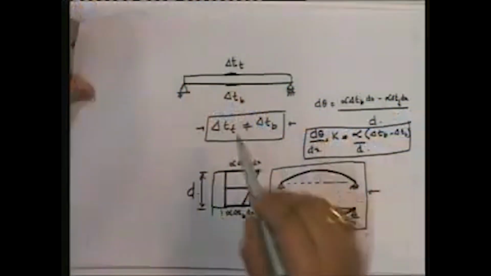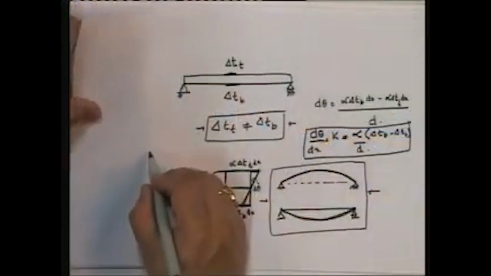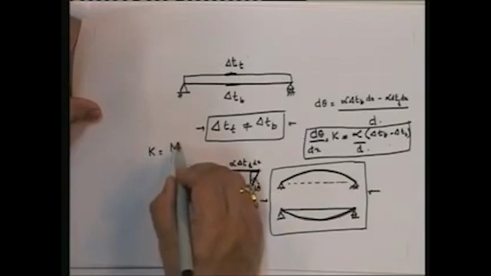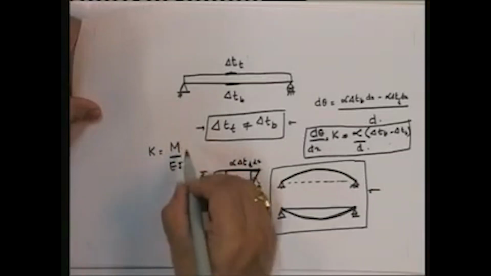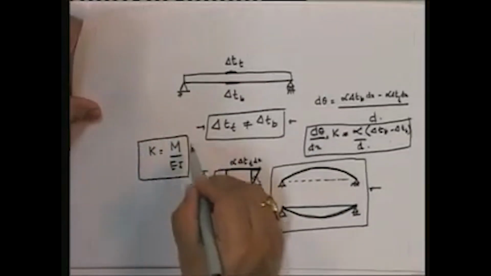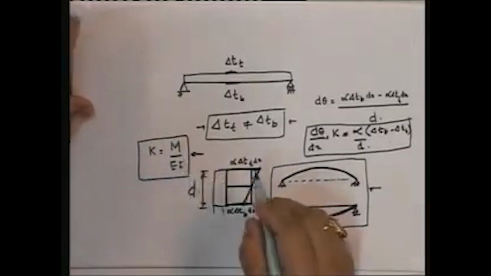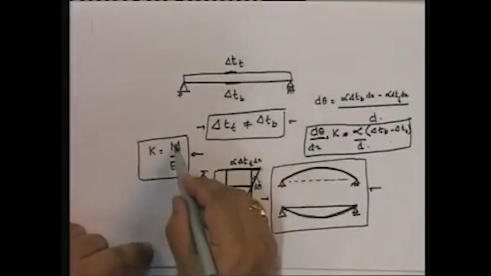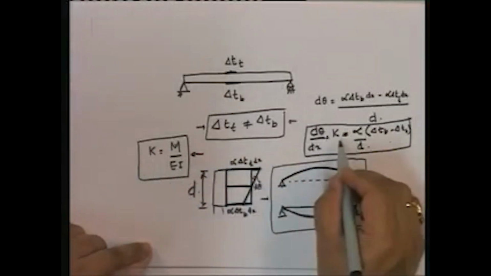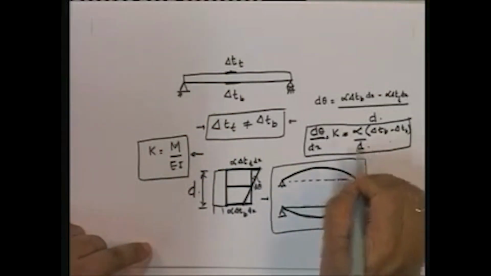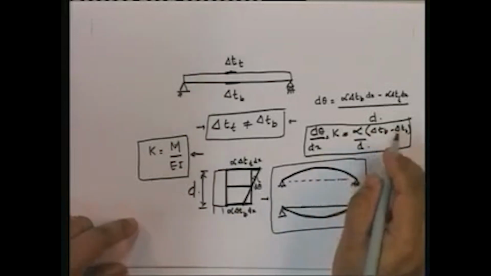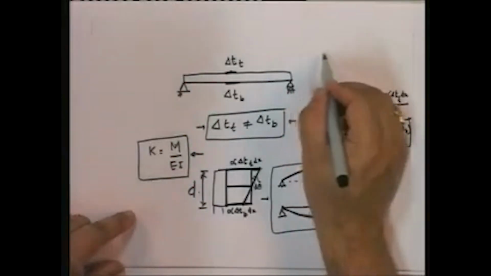What we did was that we also evolved that real curvature was M upon EI when you have loading, where M is the moment due to the loading, and this is kappa due to that, and therefore virtual work gives us what?